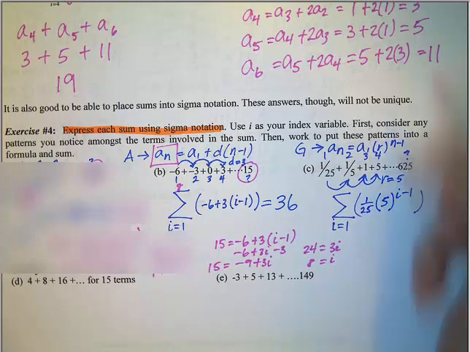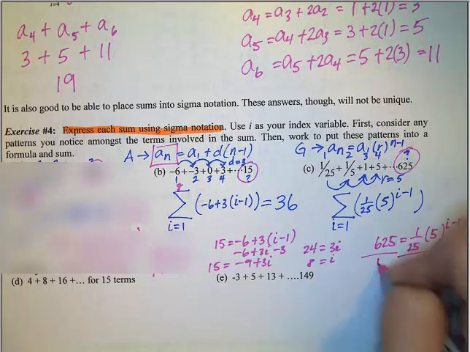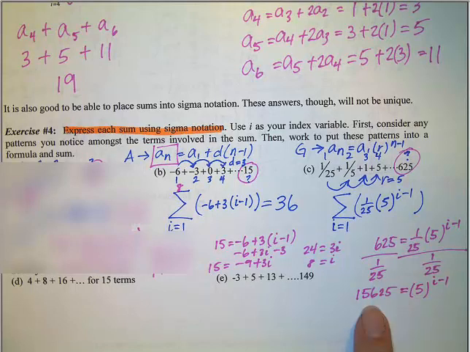What term number is 625? So 625 equals 1 over 25 times 5 to the I minus 1. So divide by 1 over 25. When I divide that, I get 15,625.